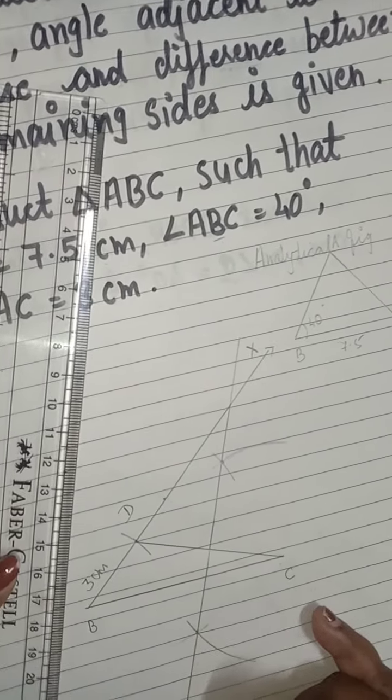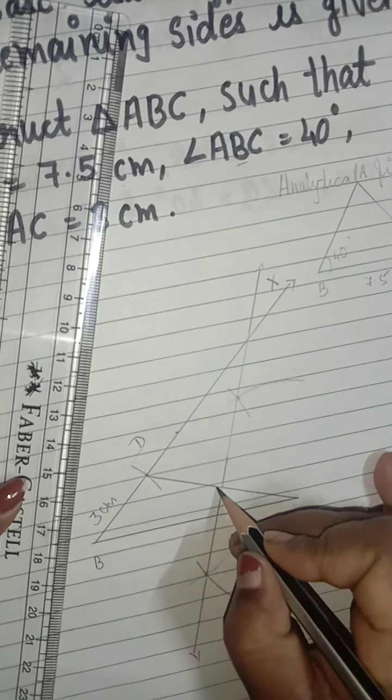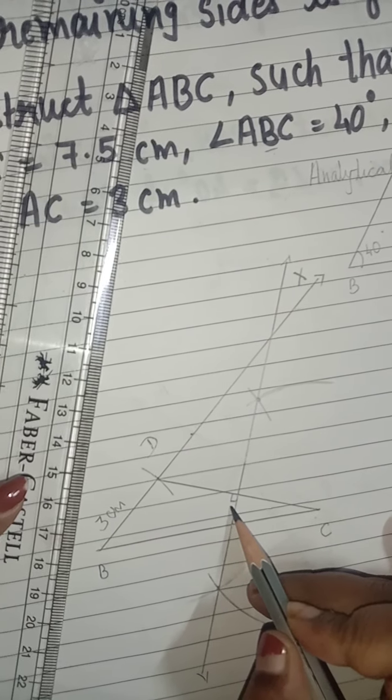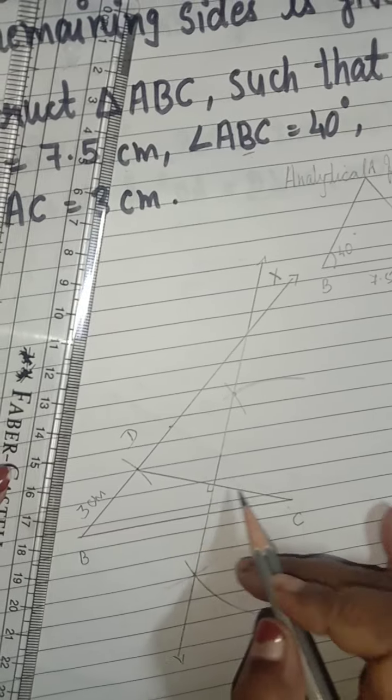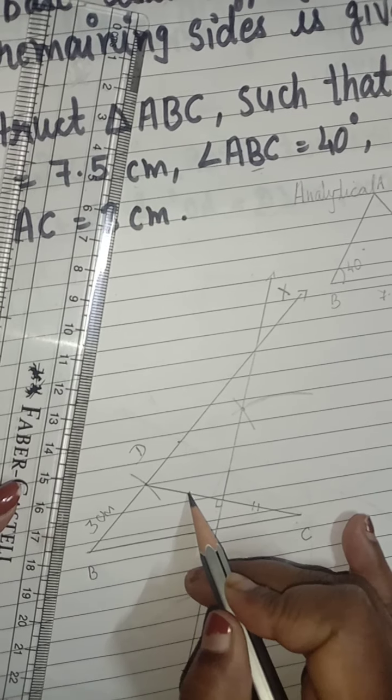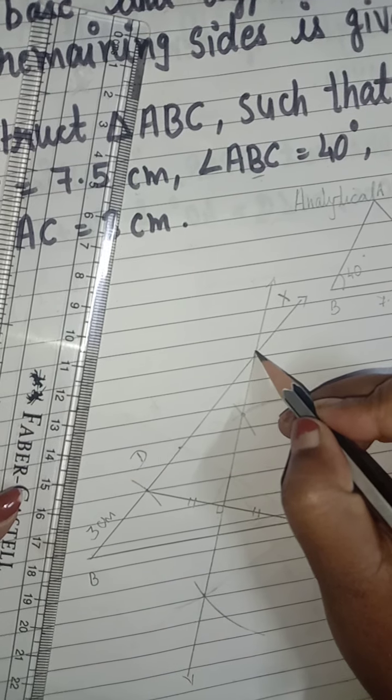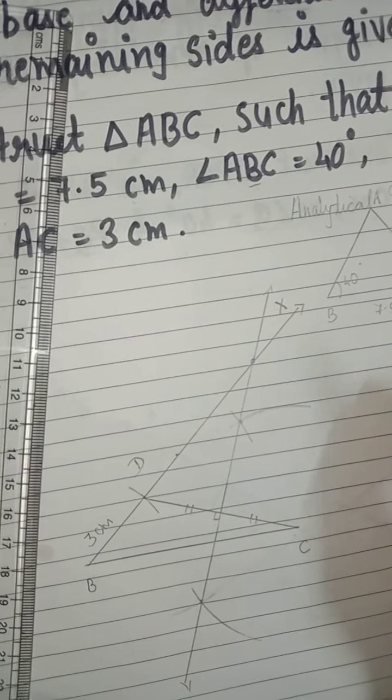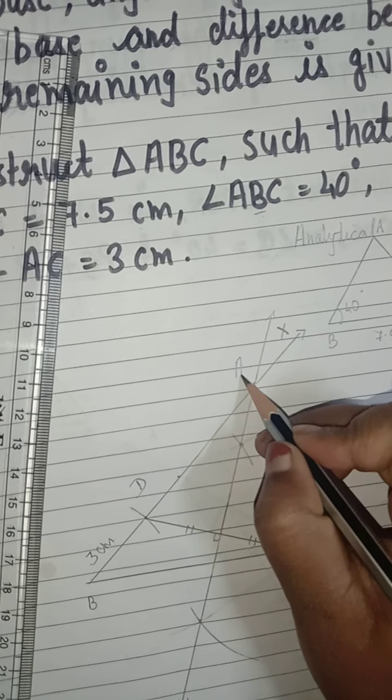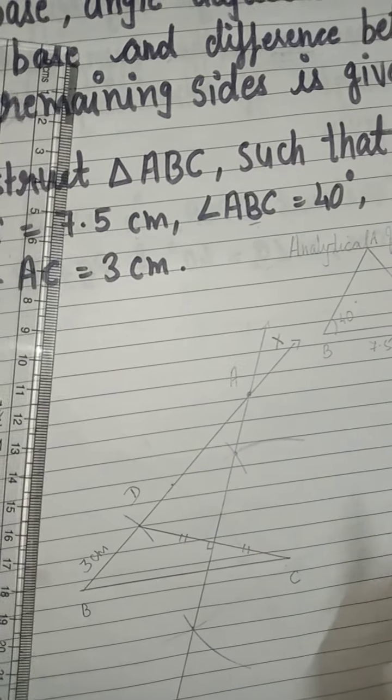Now you can see that this is the perpendicular bisector, so I will draw a perpendicularity sign and show the identical marks. This intersecting point is nothing but A.